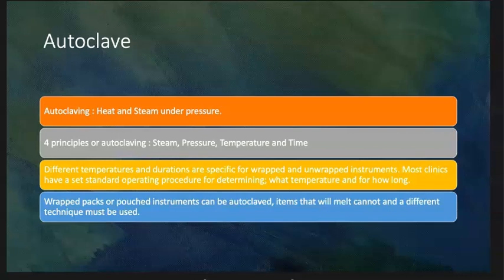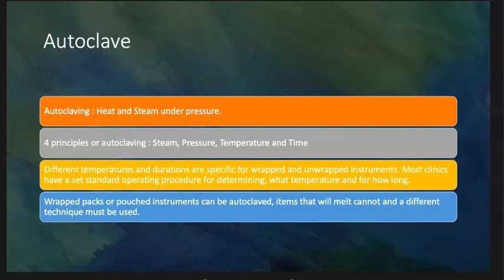The next step in re-sterilizing your surgical instruments can include or involve the autoclave. An autoclave is a device that uses heat and steam under pressure to denature microorganisms, so nothing is communicable between patients.